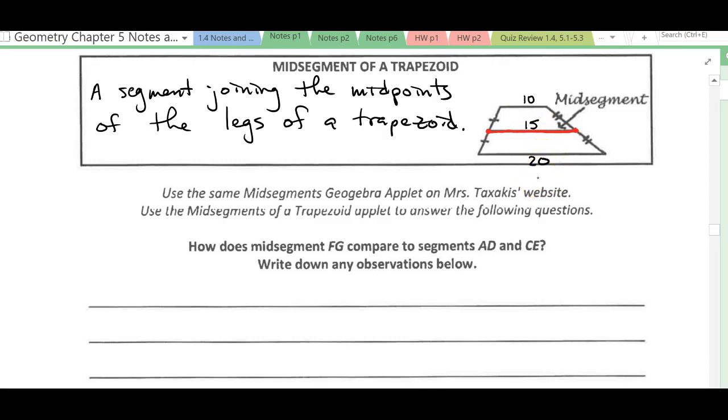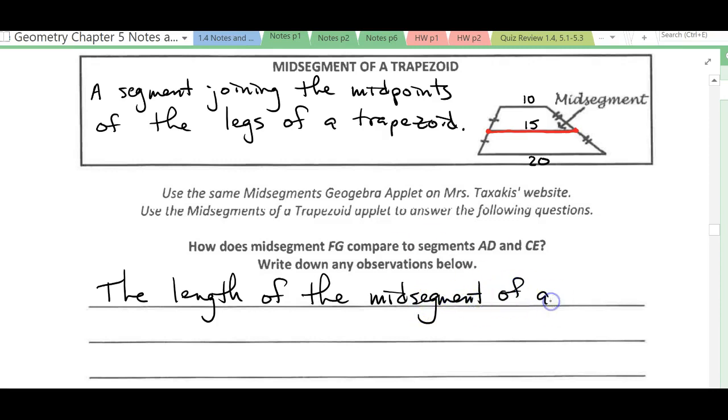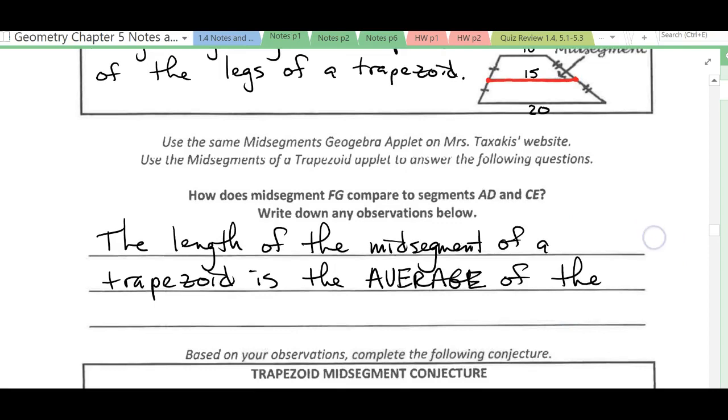So it turns out that the length of the midsegment of a trapezoid is the average of the lengths of the two bases.